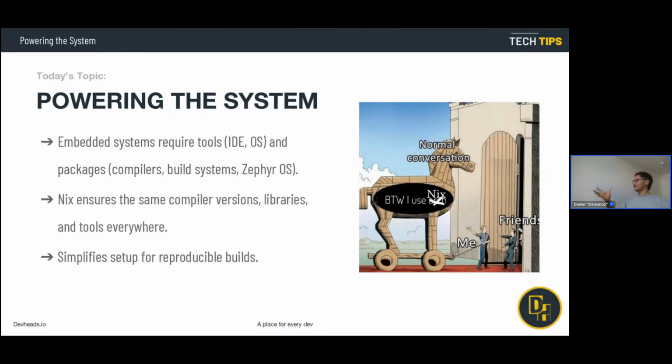So usually when we develop our application for embedded, we first use a computer with the operating system. We use a specific IDE, VS Code, Vim, whatever, our tools for everyday development. And then we have the specifics for the application.